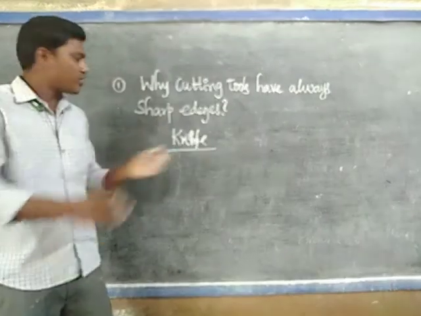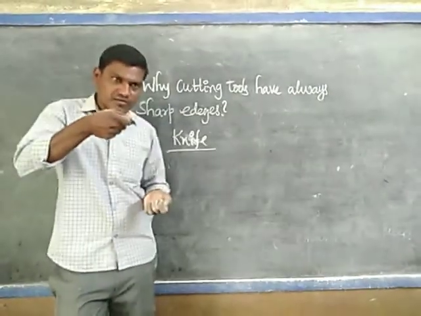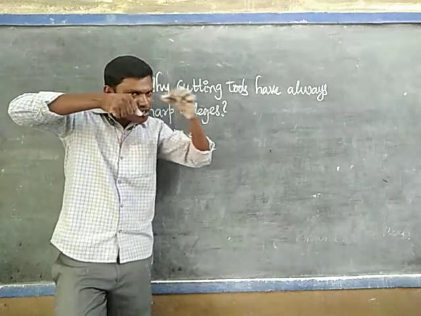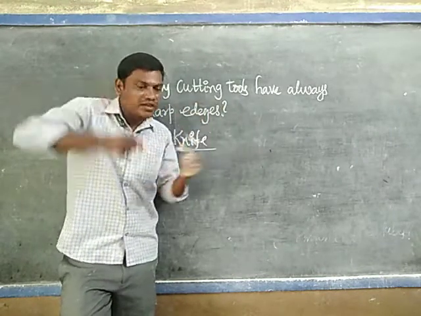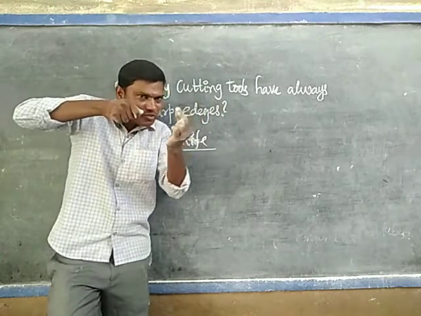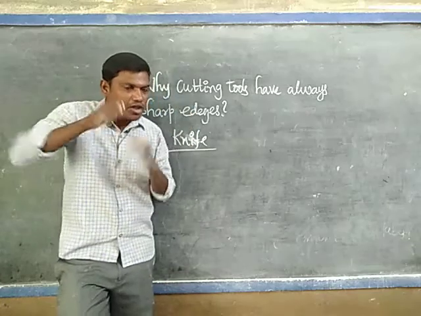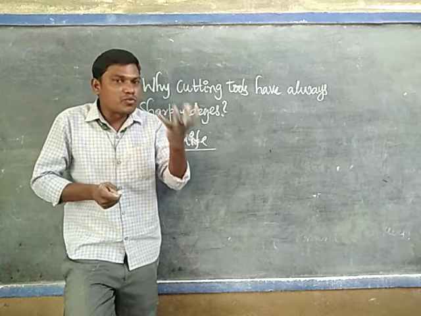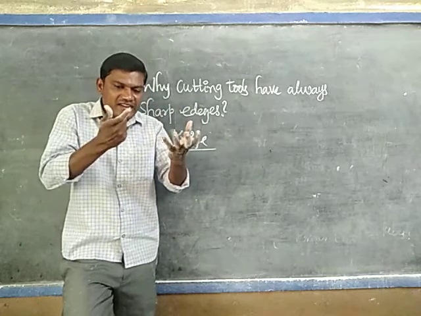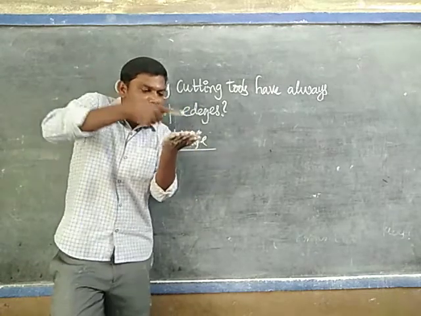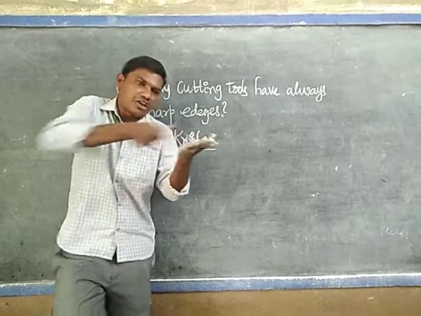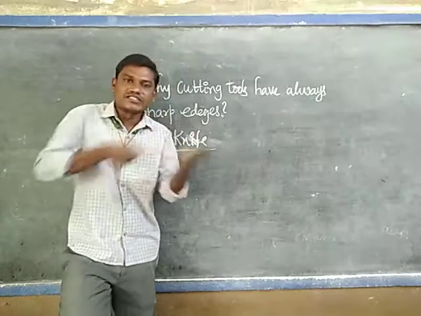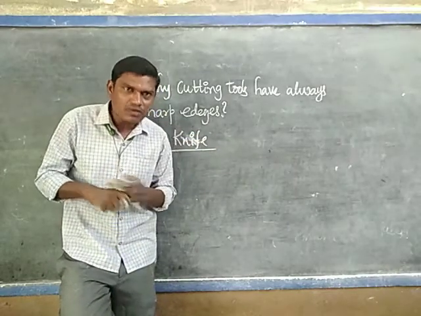In a knife, the upper portion is blunt, meaning it is flat, but the lower portion is very sharp. Now, if you take any vegetable or fruit and keep the blunt side of the knife in contact with it and try to cut it, is it possible? No.